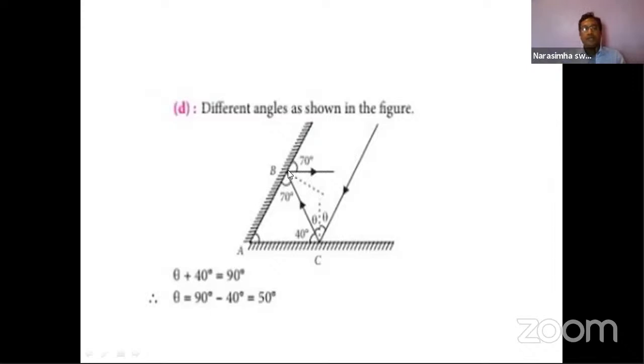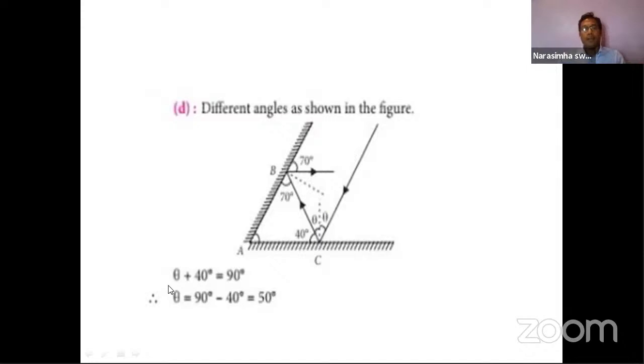Once this ray is parallel to the first mirror, the reflected ray also makes 70 degrees with the second mirror. If this is 70, then this is also 70, because of the incident ray and reflected ray. Theta is what we don't know.